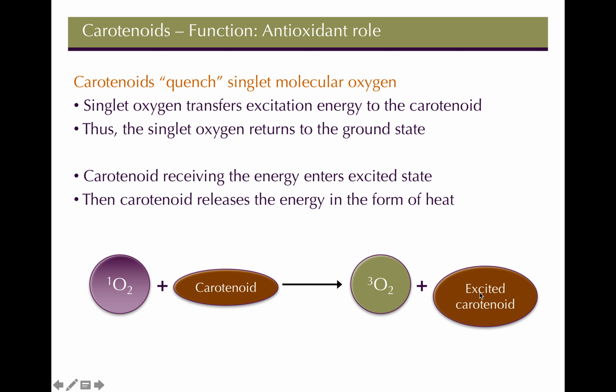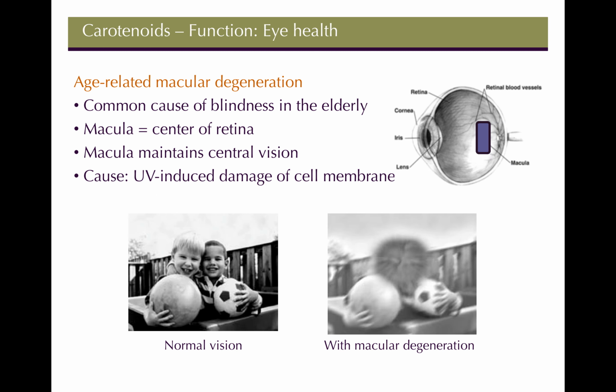So the carotenoid itself doesn't become excited and go on to damage things. No, it is a benign thing that can just take that excitation energy and transfer it in the form of heat to get rid of it. So yeah, you're left with just normal ground state oxygen and a carotenoid that dissipated some heat. And that's how it gets rid of that potentially damaging molecule.